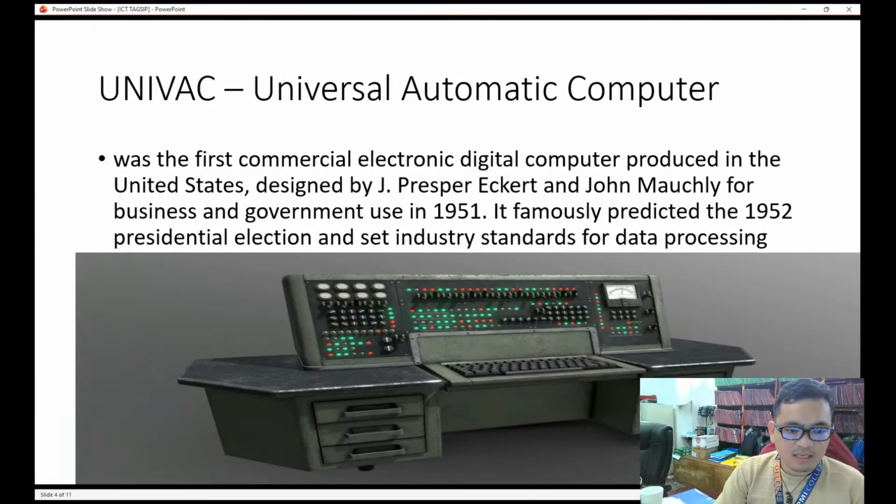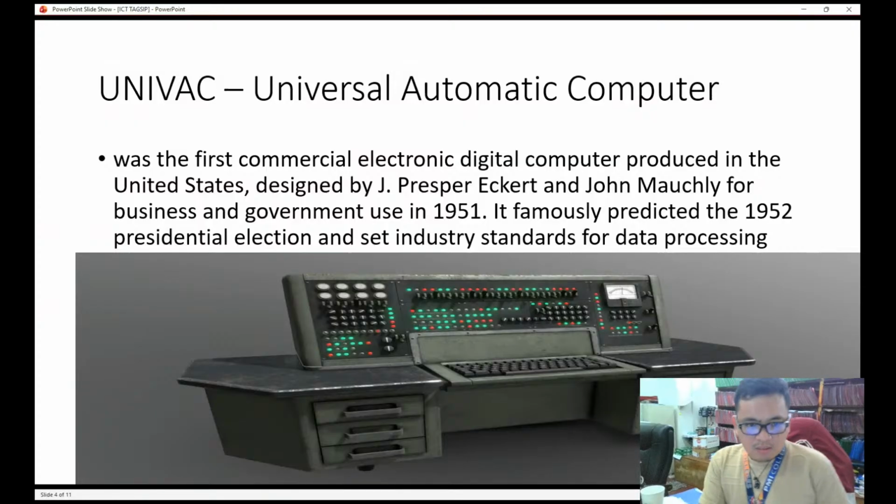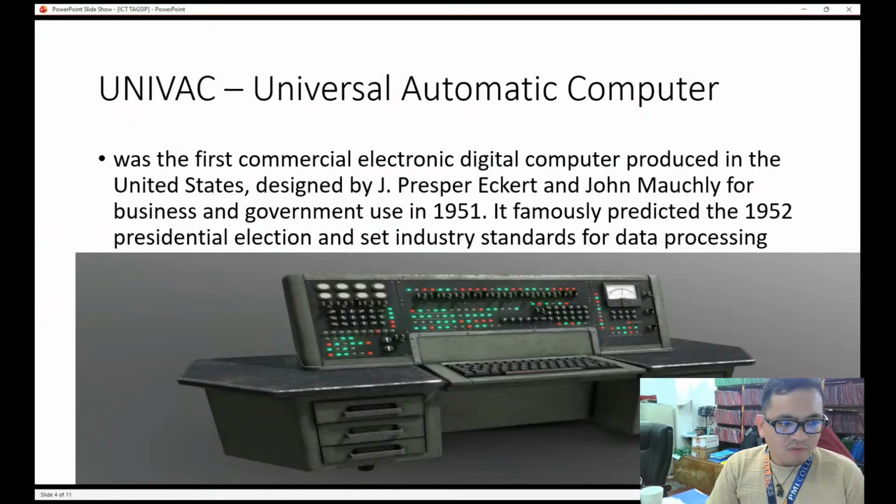This is the illustration of the UNIVAC. It was the first commercial electronic digital computer produced in the United States, designed by J. Presper Eckert and John Mauchly, for business and government use in 1951. It famously predicted the 1952 presidential election and set the industry standard for data processing.